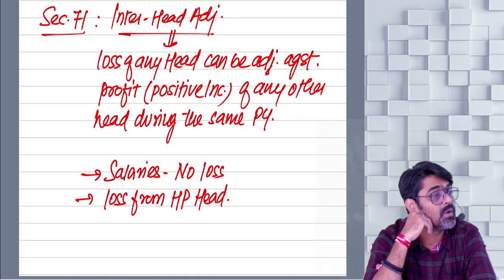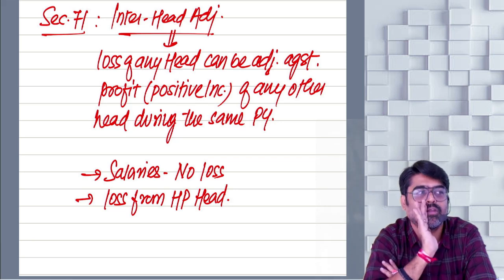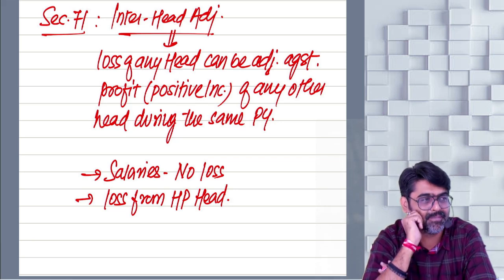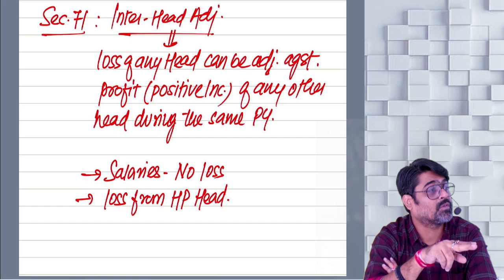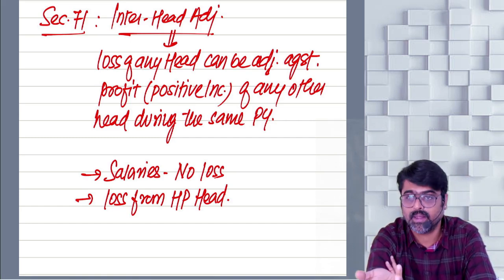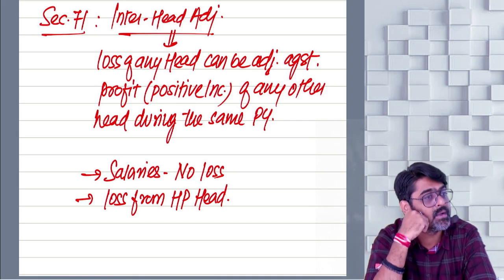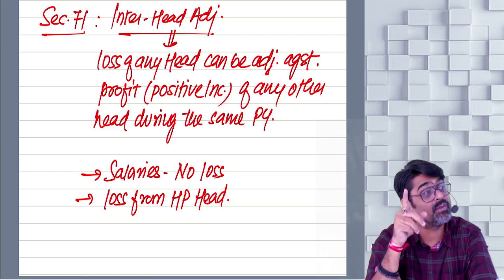Yes or no? Or sir, I have one more property, but that is also SOP. There also it is a loss. Then loss of one property, loss of second property, total loss. Now your house property will have more loss. Since there is no other house property, it cannot be set off under the head. Yes or no? Sir, I have a third property also. That is LOP, sir.